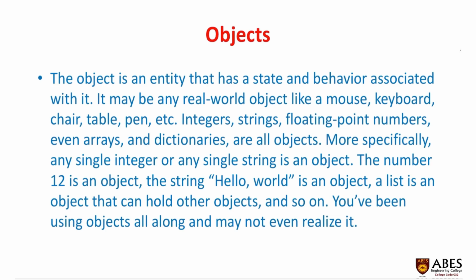A chair is round in form, and we use the chair for sitting. This is behavior, and the state is that they have structures like rectangle and round. This is called state. Any single integer is an object. The number 12 is an object and the string "hello world" is an object.